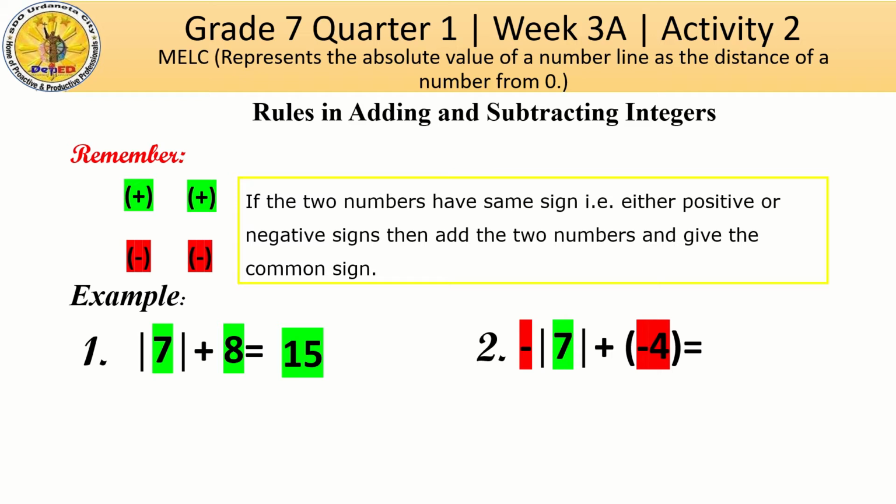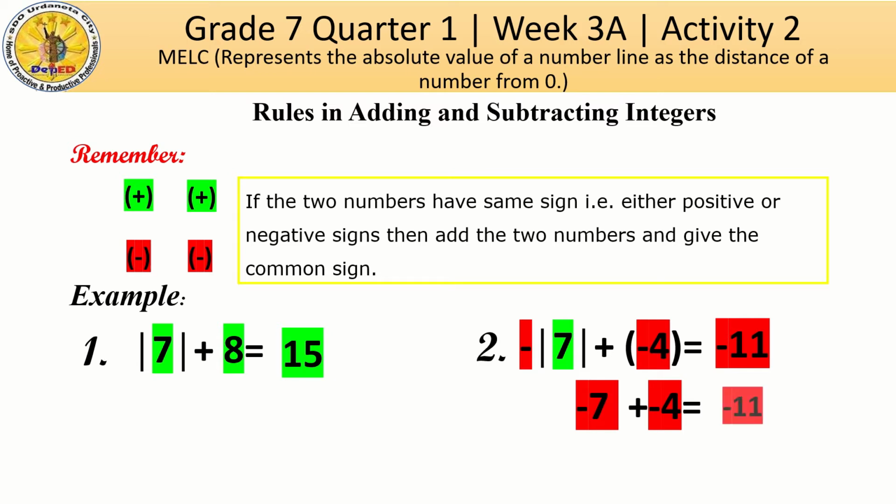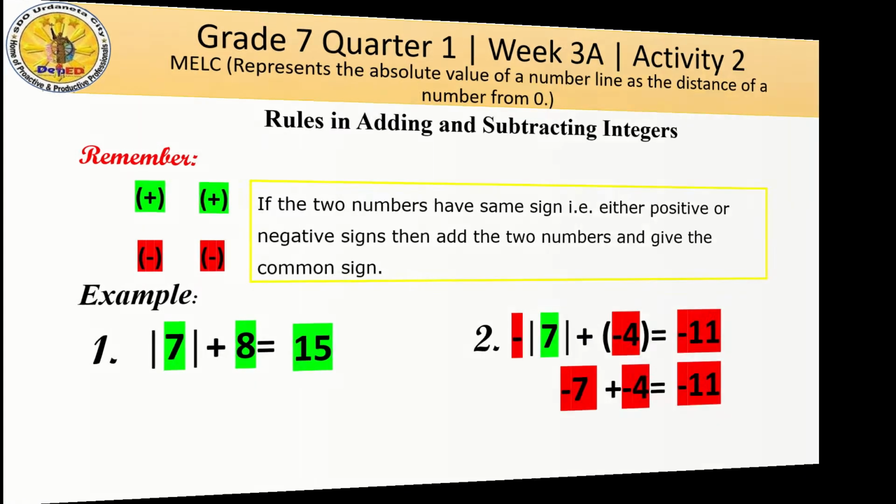Again, find first the absolute value of a number, which is 7 multiplied by negative 7 plus negative 4. So just add the two numbers and then copy the common sign, which is negative. That's how we came up with the answer negative 11.